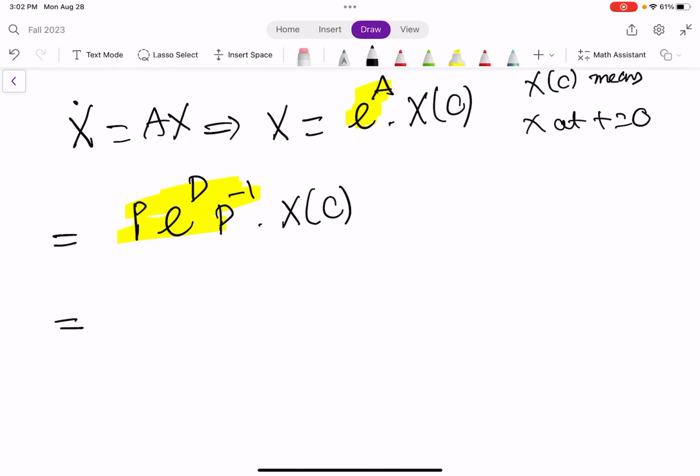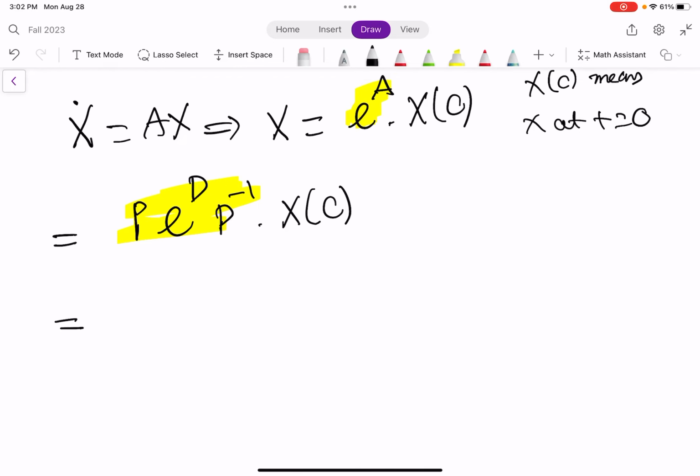So you can say equal to P e to the power D, and then you can group these P negative 1 x0 based on matrix associativity.